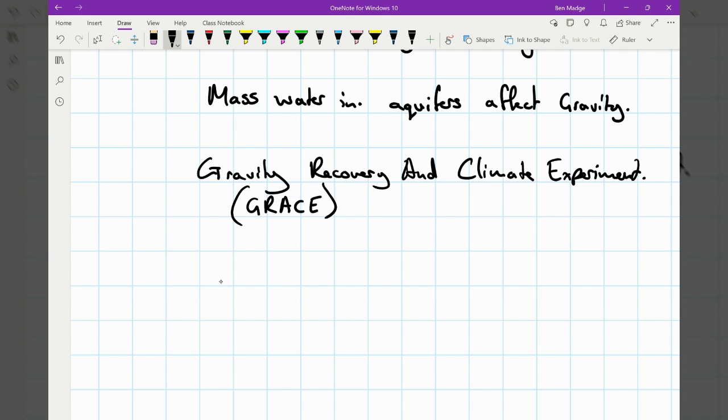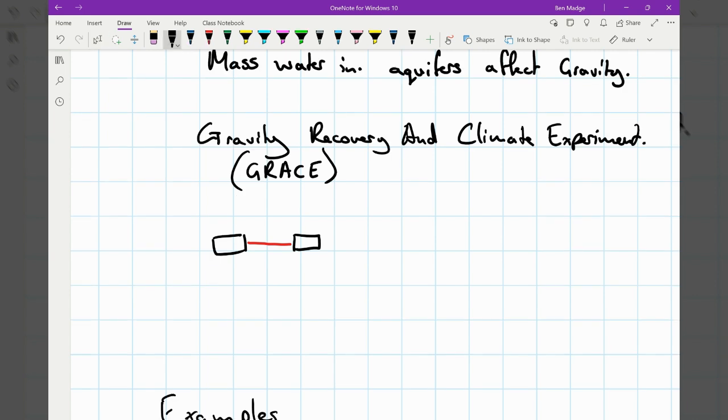So these are two satellites in train, and they measure the distance between them using a laser, and as they travel over the Earth's surface, they either increase or decrease the distance between them based off of the force of gravity.